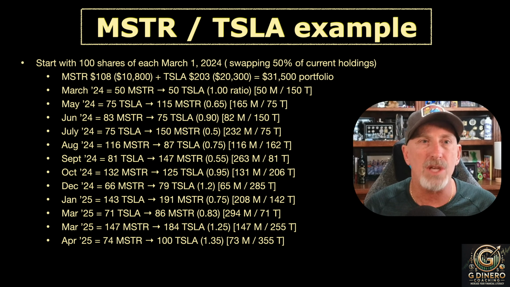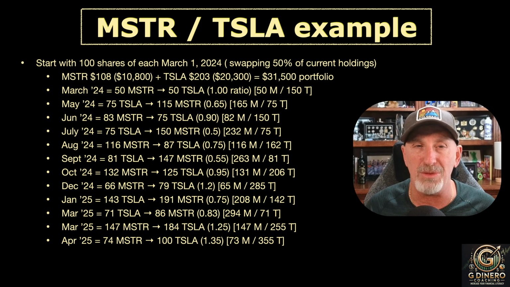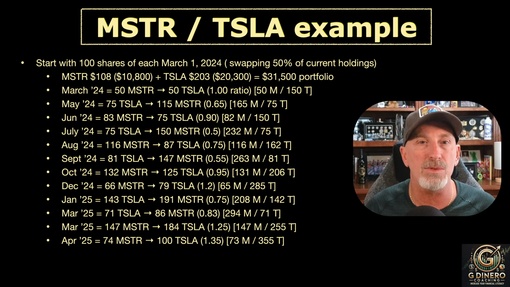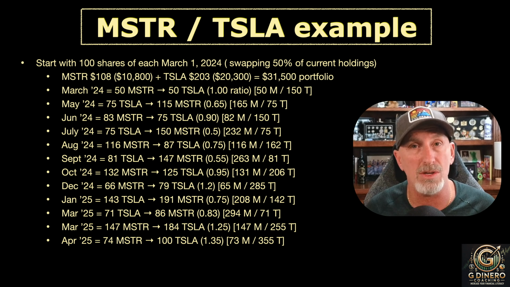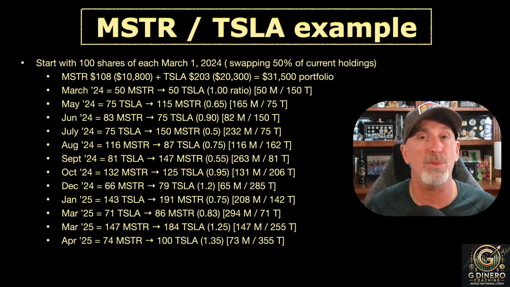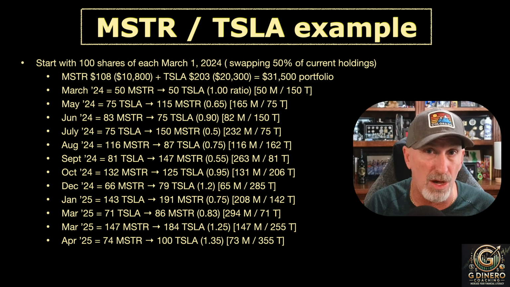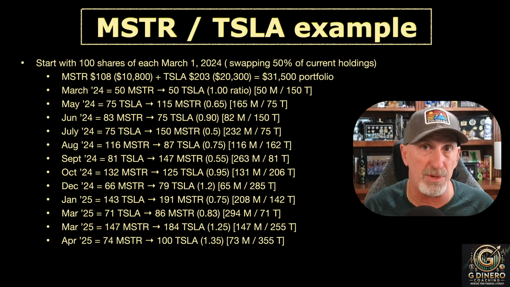So with MicroStrategy, if you can believe it, on March 1st, 2024, it was going for $108 a share. So that's $10,800 worth of MicroStrategy that you owned. Tesla was going for $203, so 100 shares is $20,300, for a grand total of $31,500. That will be the starting portfolio for all three of these examples that I'm going to give you.